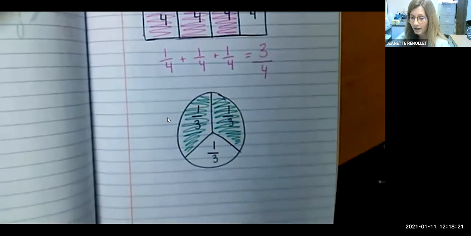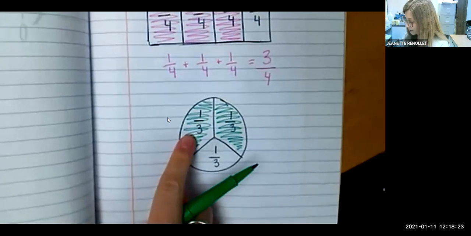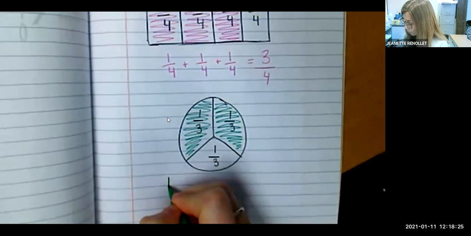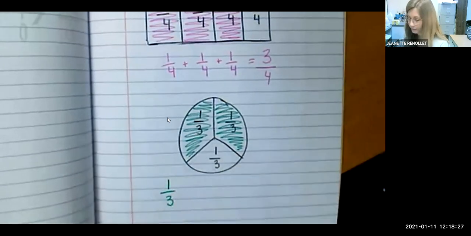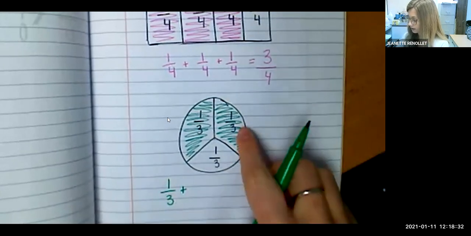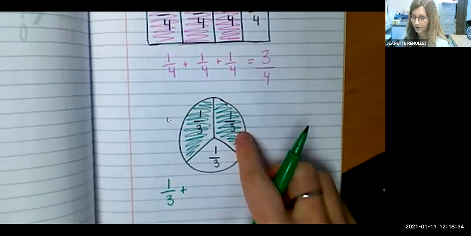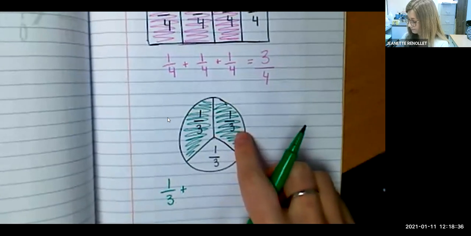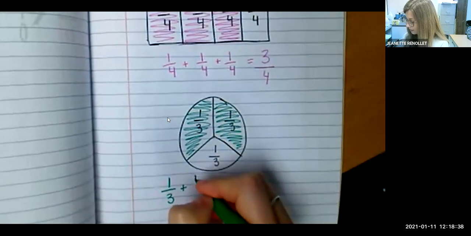Well, I know that Landon ate 1/3. So 1/3 plus Kellen ate 1/3 of the pizza. So I add another 1/3.